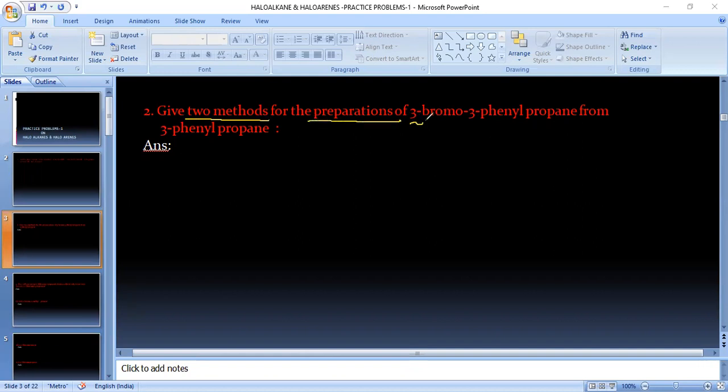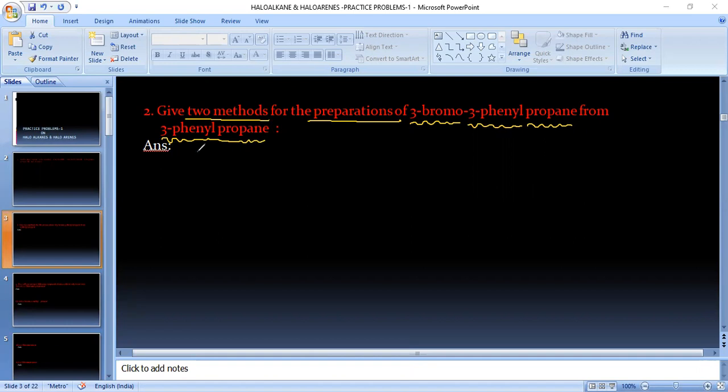Preparations of what? 3-bromo 3-phenyl propane from 3-phenyl propane. Okay, so here, what is the reactant? 3-phenyl propane is the reactant. From this, we need to prepare the 3-bromo 3-phenyl propane. Clear? Chalo beta. Let us practice the answer.